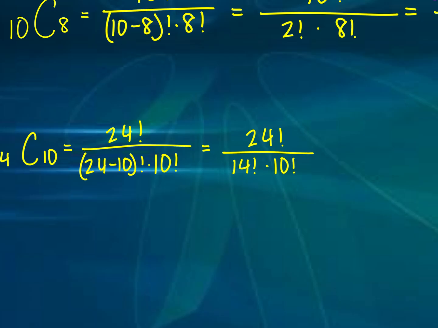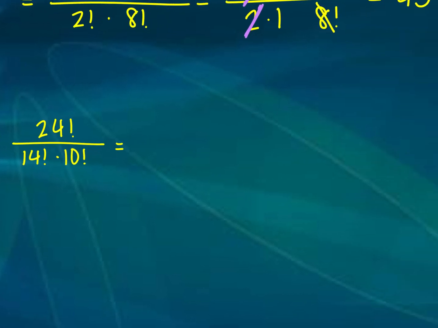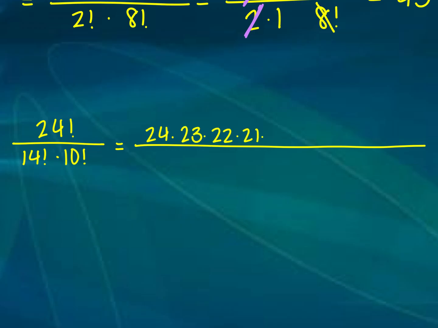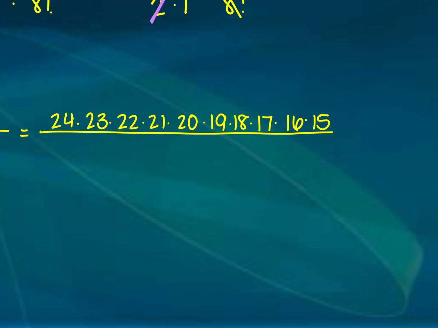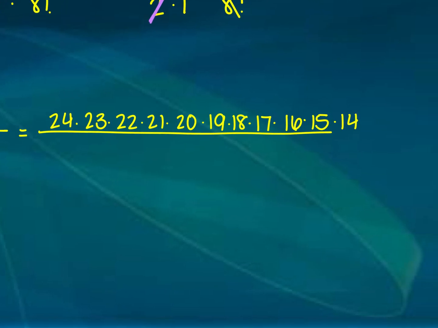So this one's going to be a little longer to write out because I'm going to go all the way down to 14: 24, 23, 22, 21, 20, 19, 18, 17, 16, 15 times 14 factorial.